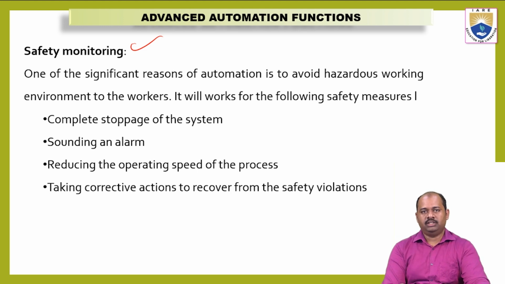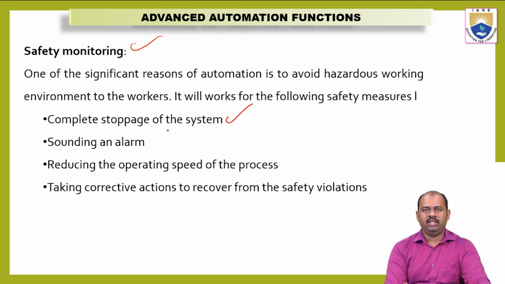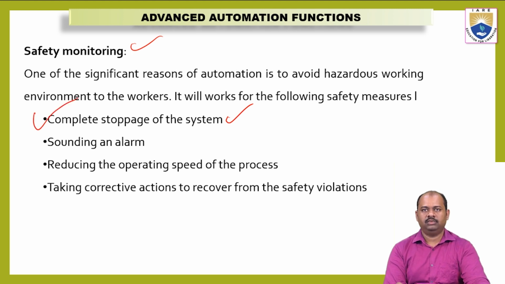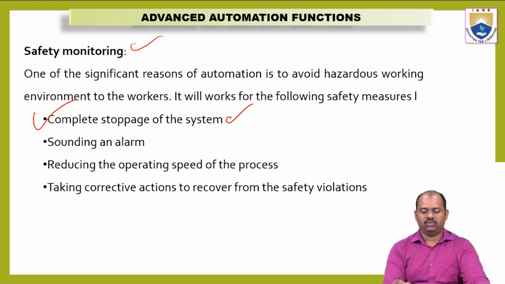Complete stoppage of the system. Suppose I have a big manufacturing unit in which human beings are working at different places, at different machines. If any damage or accident happens, the system will immediately be shut down. Complete stoppage of the system will be done so that further accidents, further bad things, should not happen.